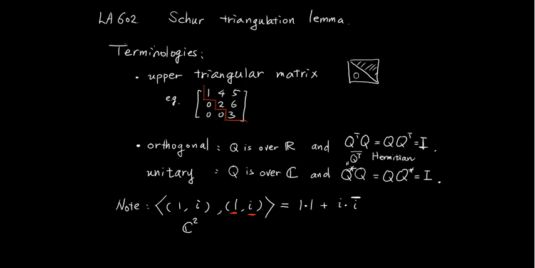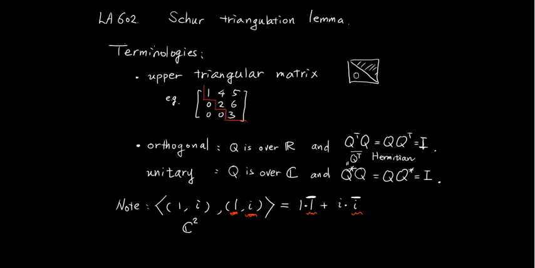So this part has to take the conjugate. Otherwise, it is going to be very weird. If you don't take the conjugate, it is 1 squared plus i squared, which is going to be 0. And the length of a vector is equal to 0? That's something bizarre.